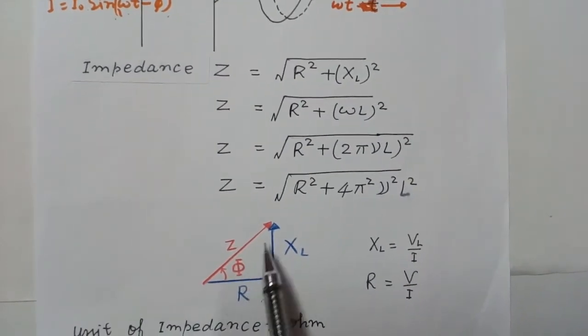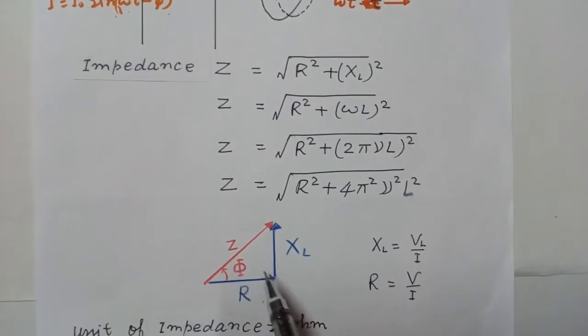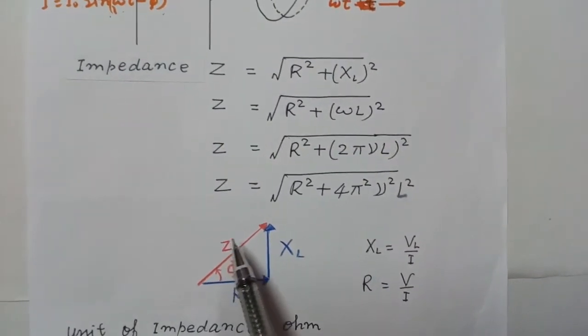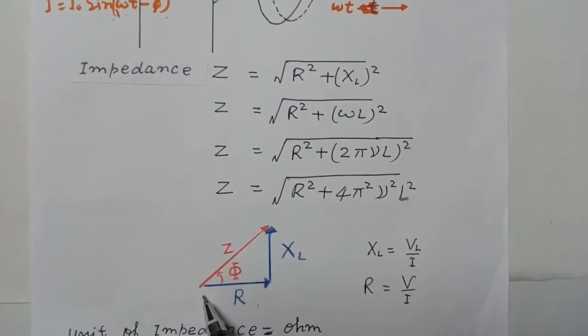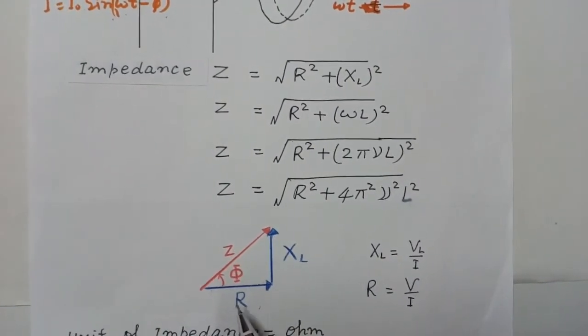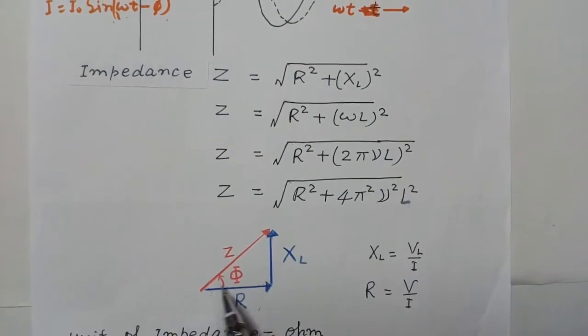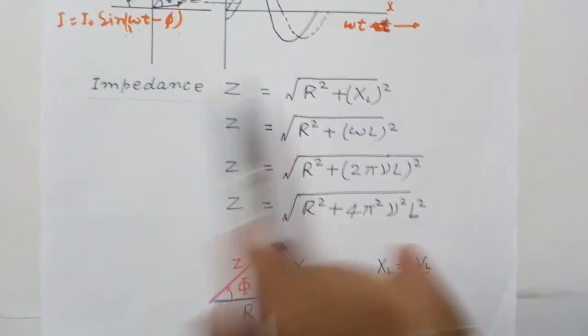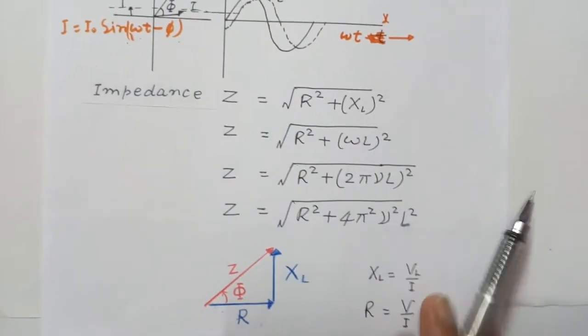So hypotenuse of this right angle triangle is effective resistance Z. So Z square is equal to XL square plus R square, because this is a right angle triangle. This effective resistance is known as impedance.